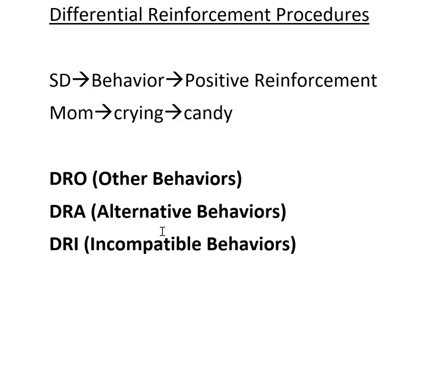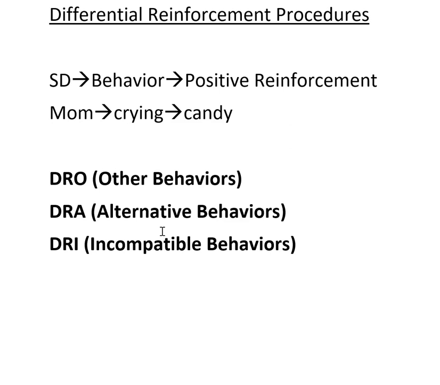And usually the outcome of extinction is a high increase in the behavior and then a gradual decrease. So yeah, the first couple of times you're in the supermarket and he's crying, you're not giving him candy, he might start screaming really hard, throwing tantrums, he might throw himself on the floor. It's difficult at the beginning, but then gradually, maybe the third or the fourth time in the supermarket, you wouldn't see the crying at all.